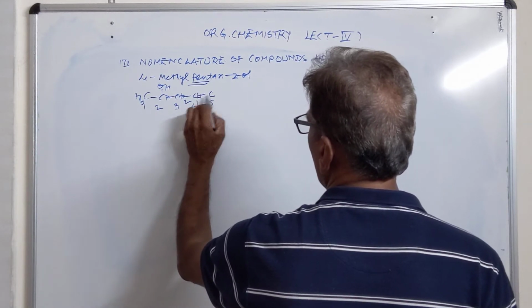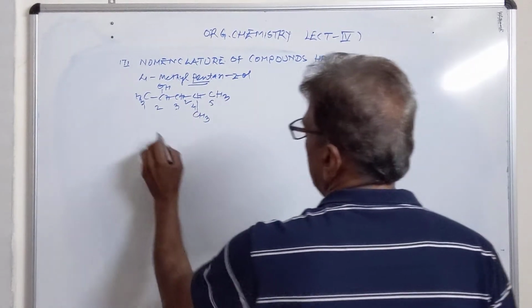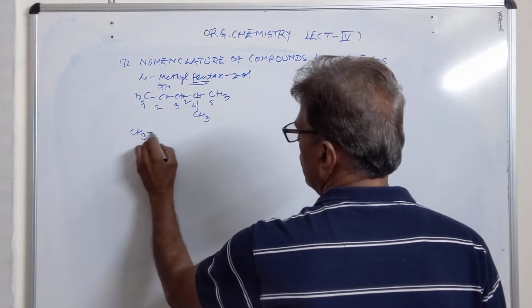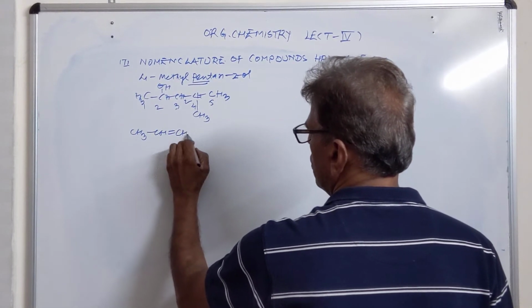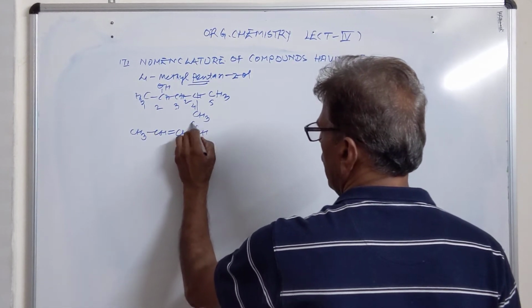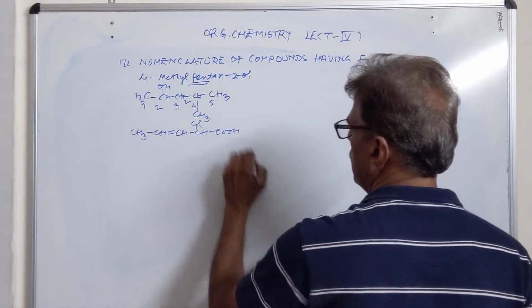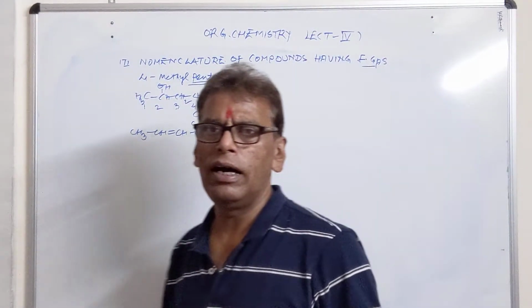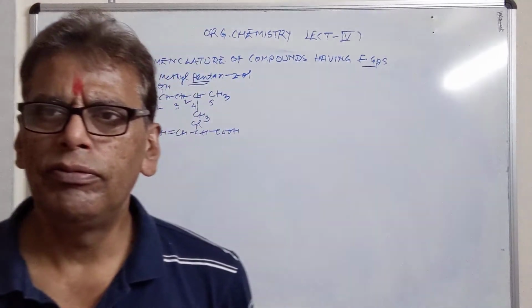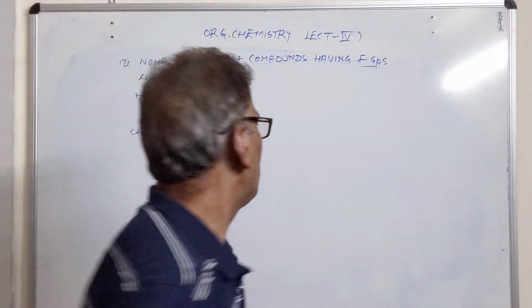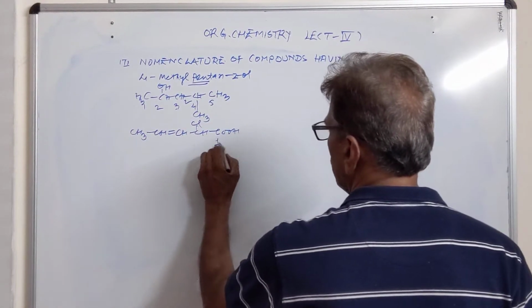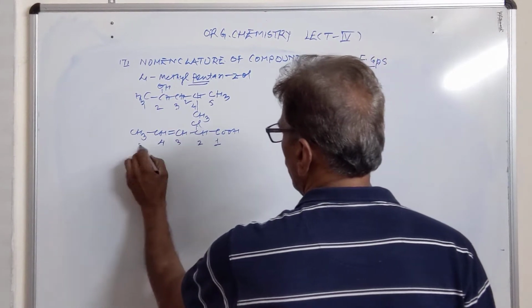Then we have the compound which is having a double bond, which is having chlorine, which is having COOH. Since COOH is the most reactive functional group, numbering should be done from this end: 1, 2, 3, 4, 5.